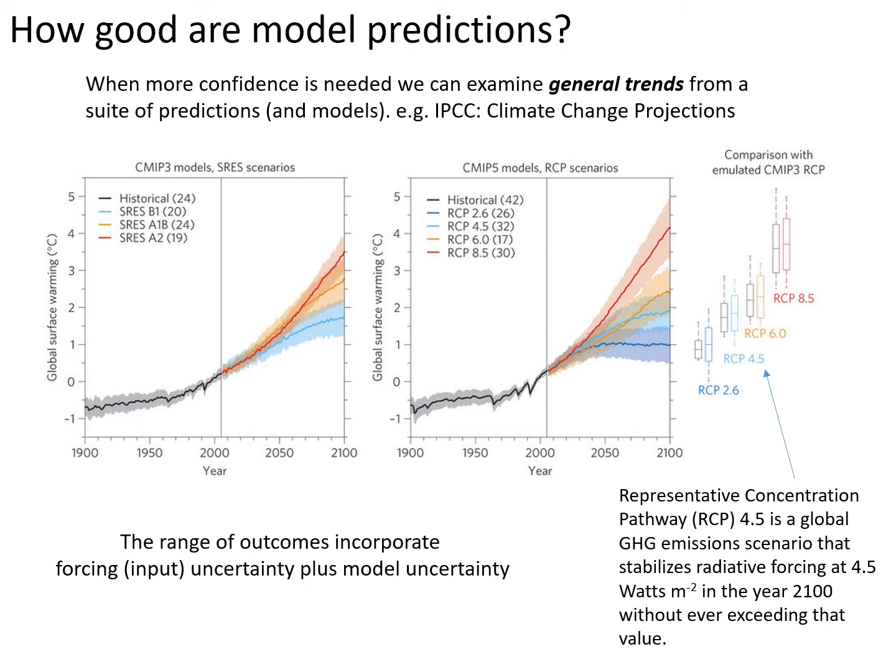So on the left you have the CMIP models from phase 3, and on the right, you have the models from phase 5, and you're comparing various scenarios with those two sets of models. And so the different colors are for the different scenarios, and the variability due to which model you're looking at is the shaded area around each line.